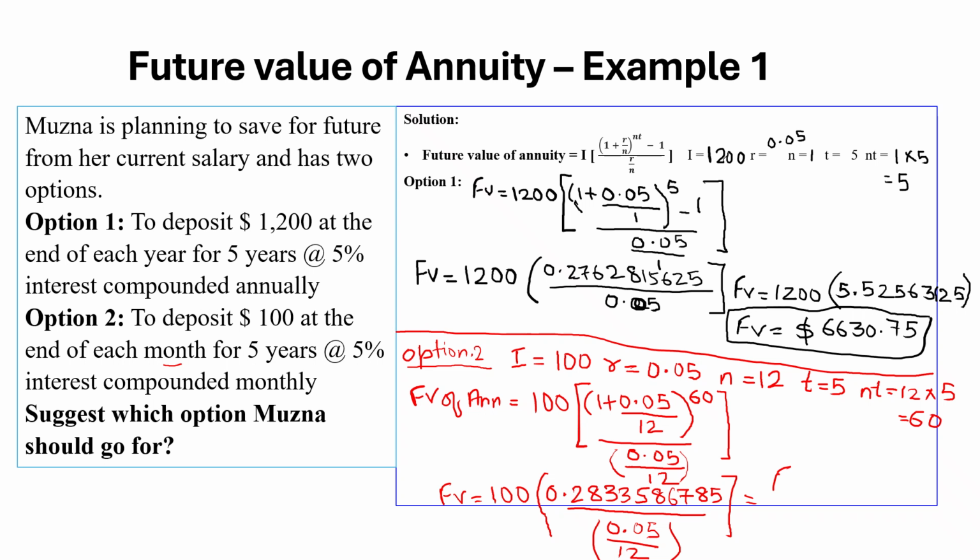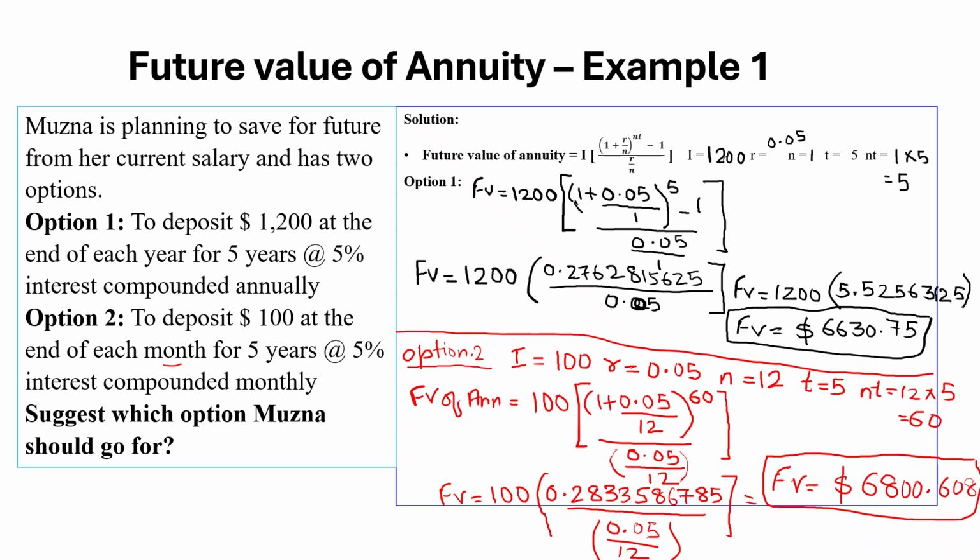My future value is how much? 6,800.608. So now you can see which option is better. In option 2 we are getting 6,800, and in option 1 we are getting 6,630.